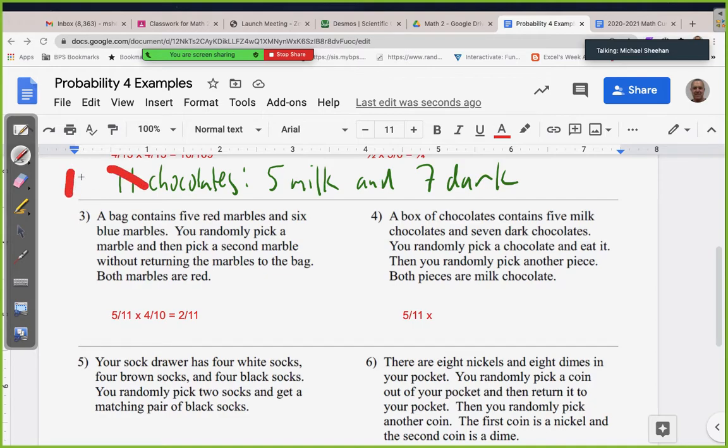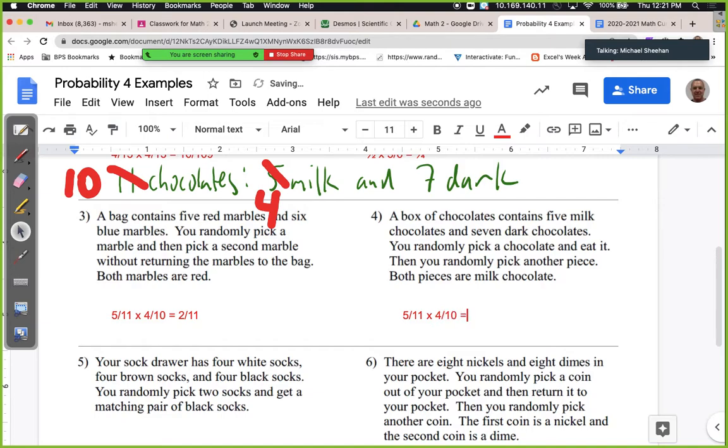So now there's only 10 chocolates left in the box, and only 4 milk chocolates left. So really it's the same numbers as the last problem.